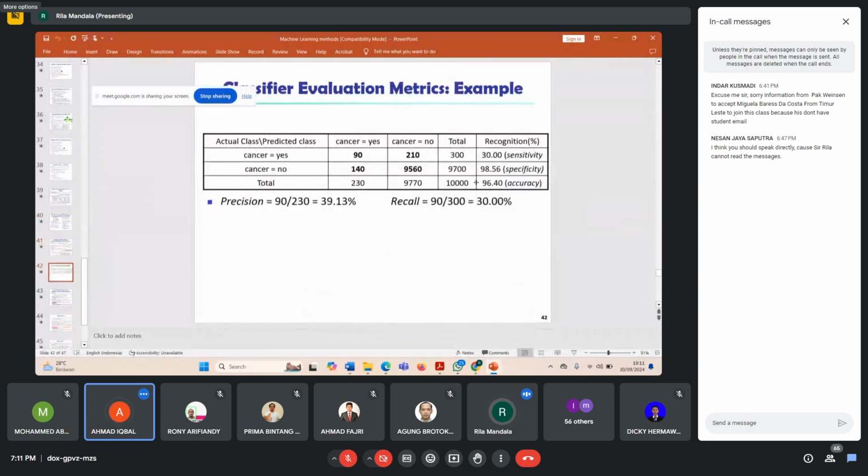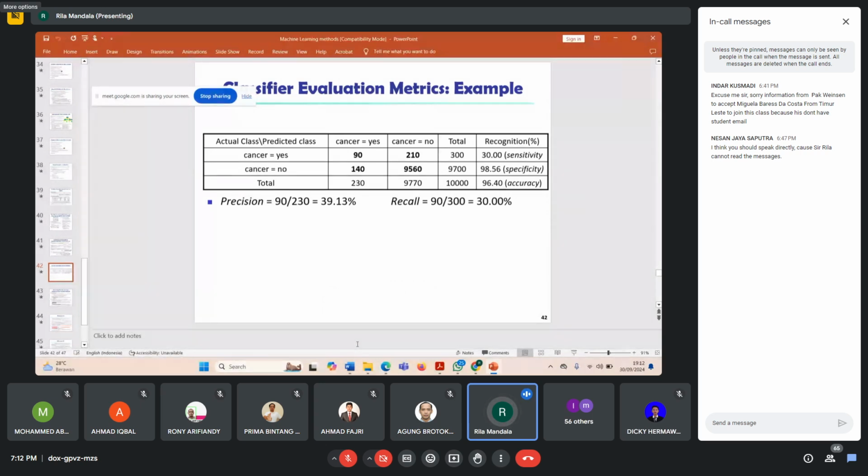False negative is predicted not cancer, but actually cancer. In information retrieval or a search engine, cancer now means relevant. Not cancer means not relevant. Because actually a search engine is a binary classifier, only two results: relevant or not relevant.